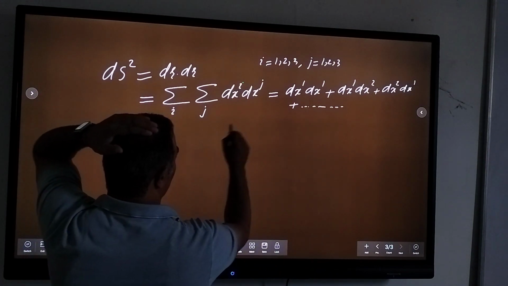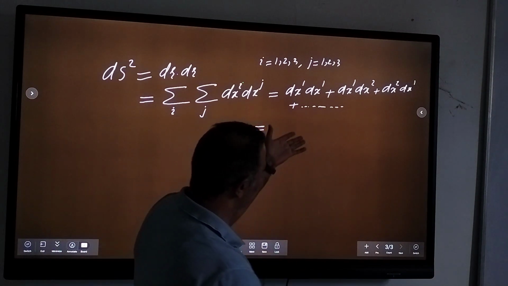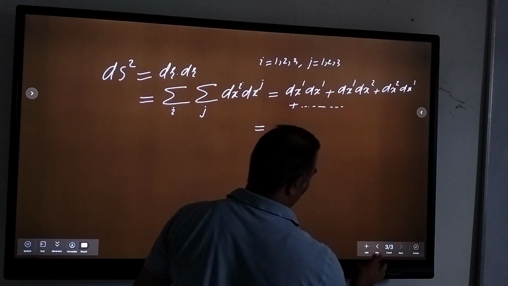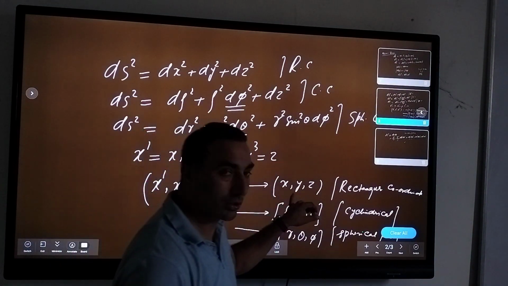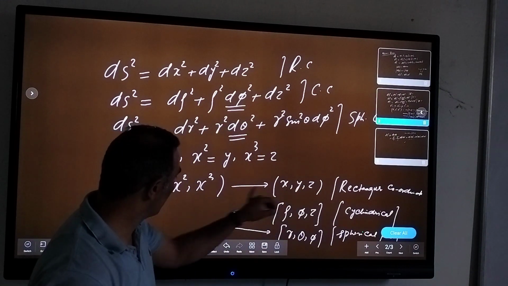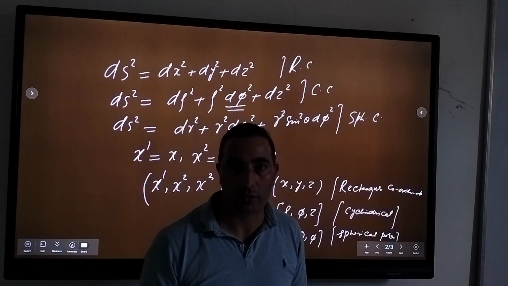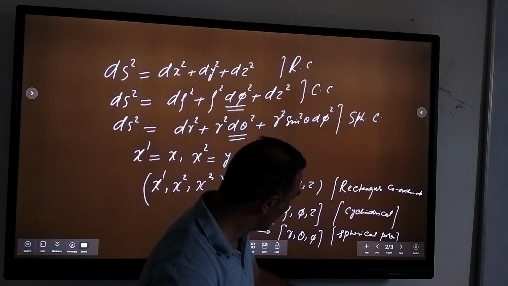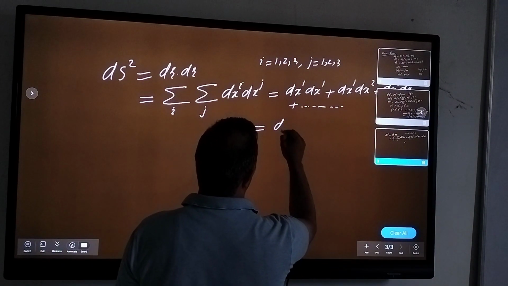So if I write here, this will be equal to, first, our x1 in rectangular coordinates corresponds to x, x2 corresponds to the y component, and x3 corresponds to the z component, if we talk about the rectangular coordinate system, right? So I can rewrite this, because dx1 will be dx into dx.